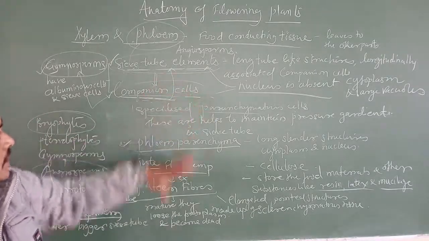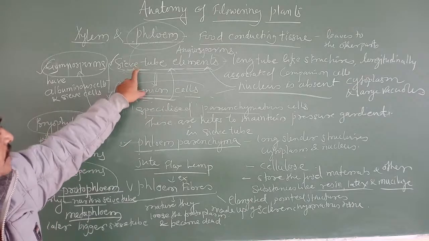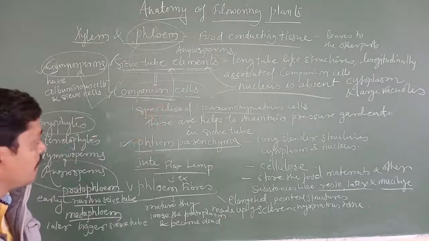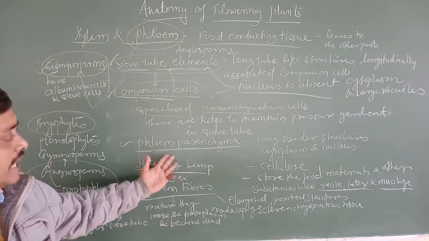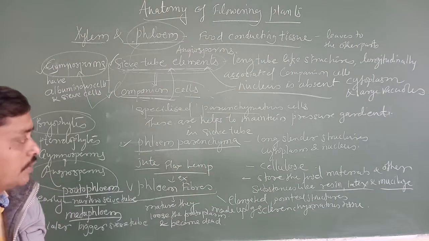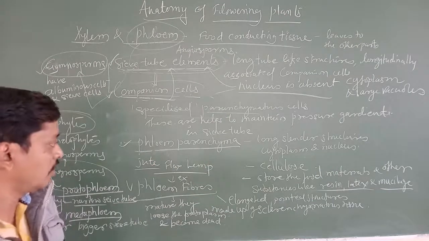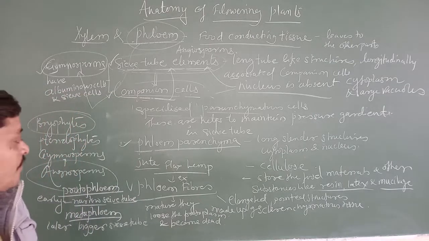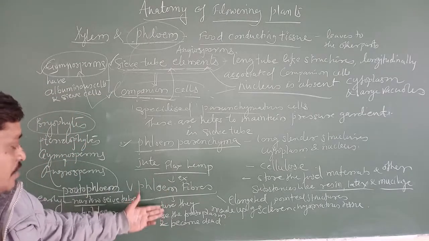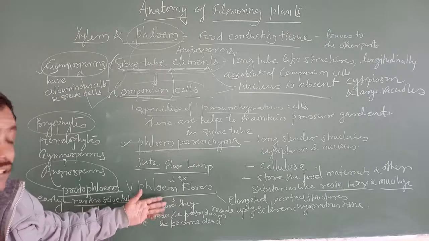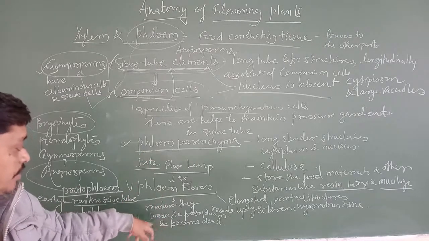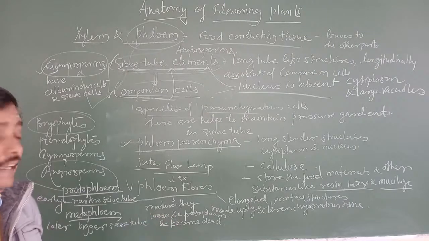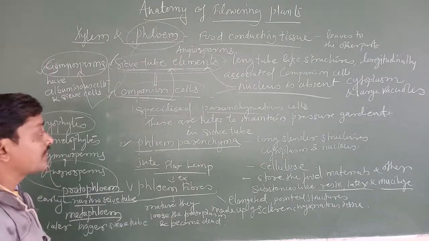The nucleus is absent in sieve elements. The functions of sieve elements are controlled by the nucleus of the companion cells. Then the phloem parenchyma is made up of cellulose, and it is helpful for the storage of food material and other substances like resin, latex, and mucilage. Then phloem fiber is a dead tissue because at maturity it loses its protoplasm and becomes dead, and it is made up of sclerenchymatous tissue.